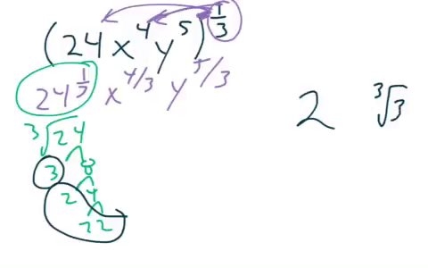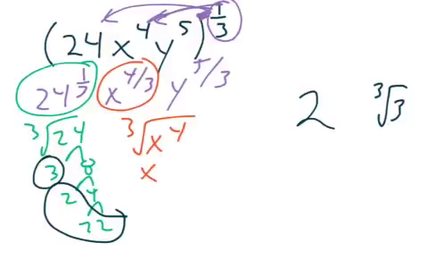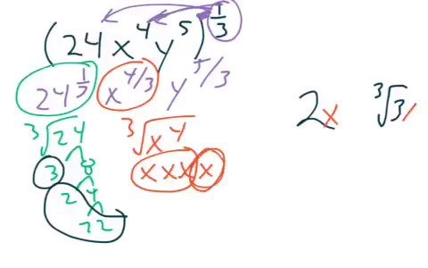Okay, now let's go to the x to the 4/3. Well, that's going to be the cube root of x to the 4, and x to the 4 is x times x times x times x, and we can take 3 of them to make a regular x. The extra x goes with the radical 3.